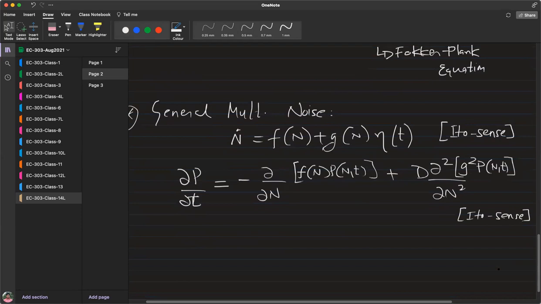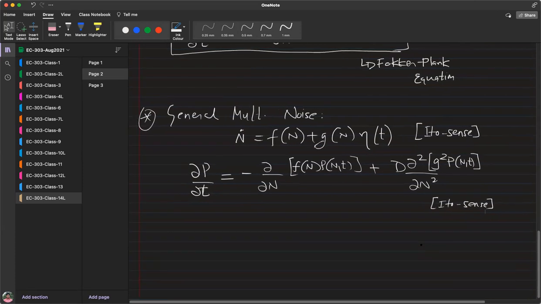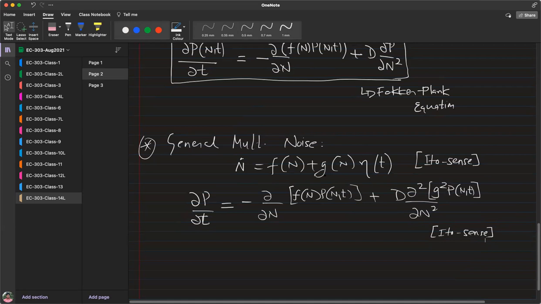When we do stochastic processes, there will be some amount of technical stuff that is inevitable. I'm trying to minimize too many algebraic calculations, but I'm giving you some basic results here. So basically, the stochastic term g(n) comes out as g squared, and in fact, this D doesn't exist anymore.